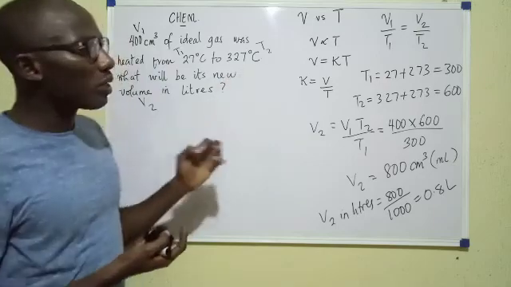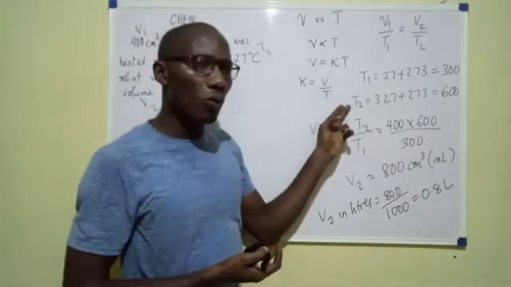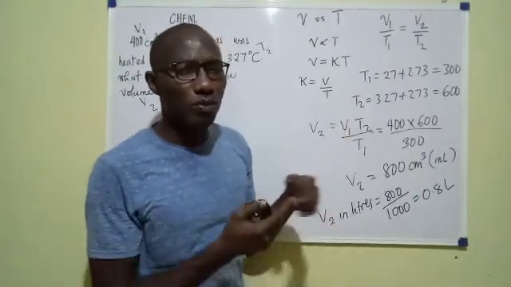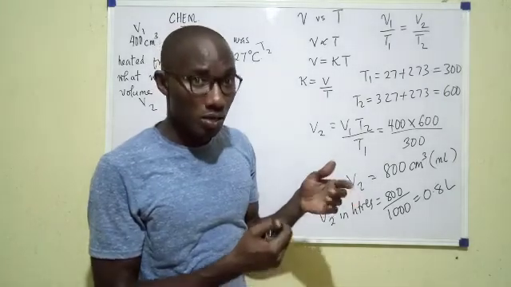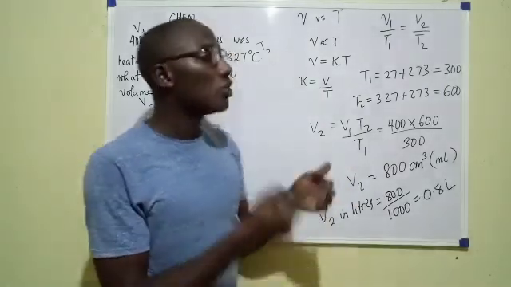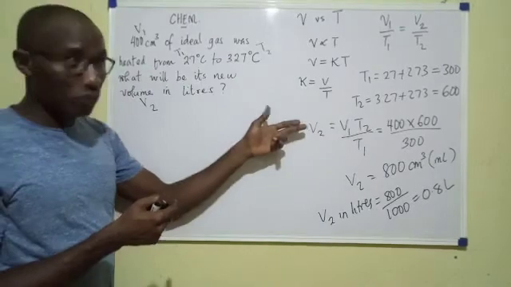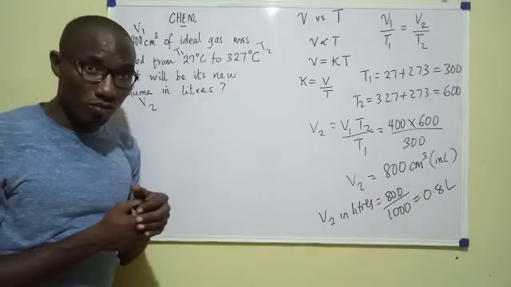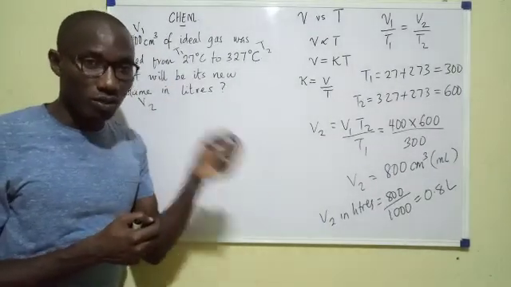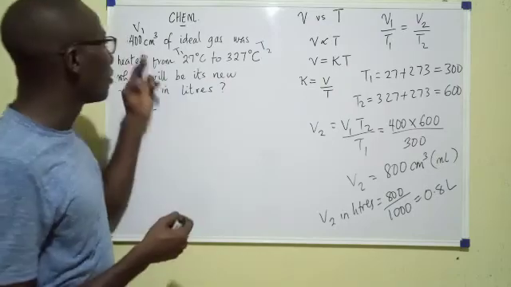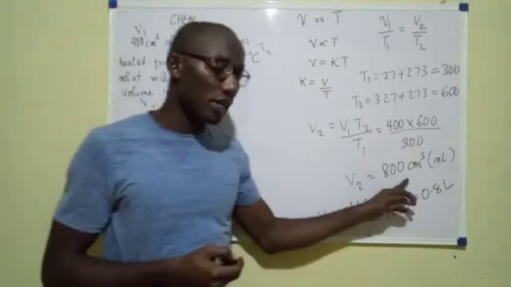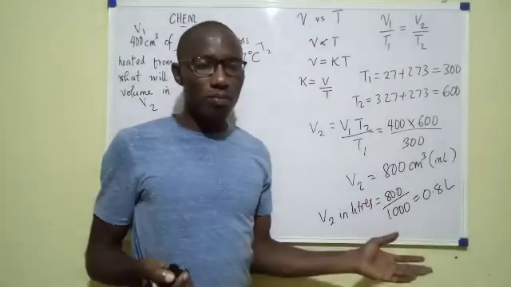So looking at T1 and T2, what do you think happened to temperature from T1 to T2? Yeah, it became double, right? So since the temperature doubled, what do we expect of the volume? It should also double. Did it double? Yes. 400 became 800. So it's simple.